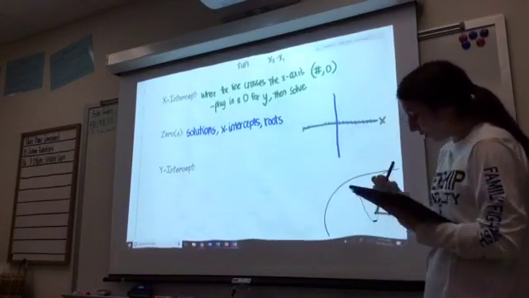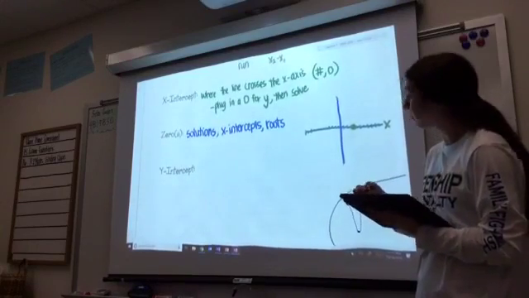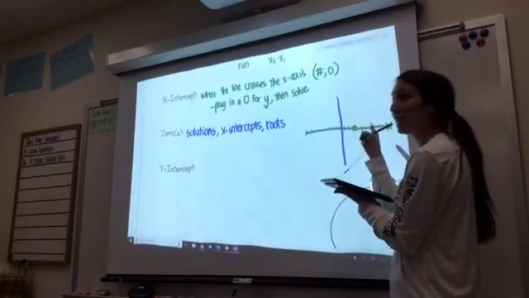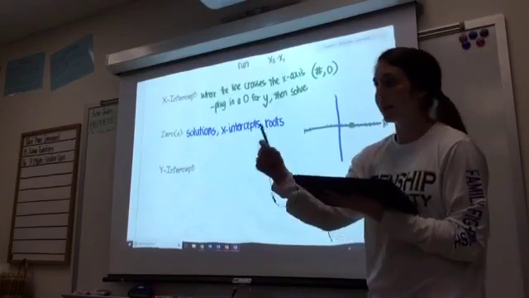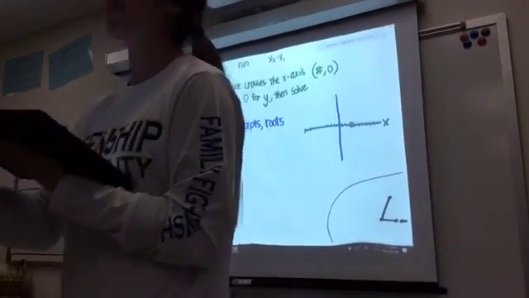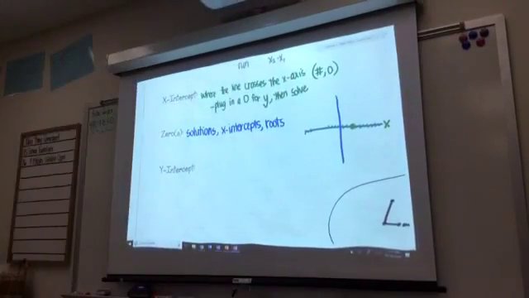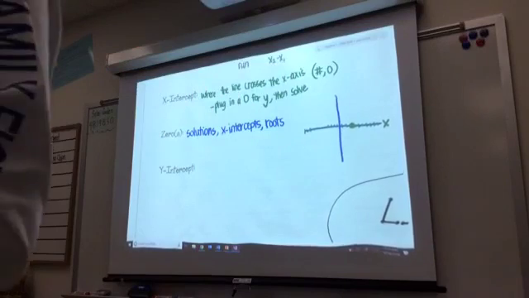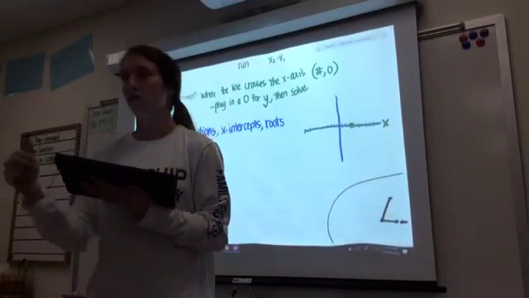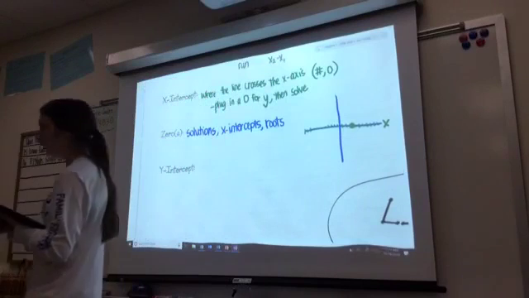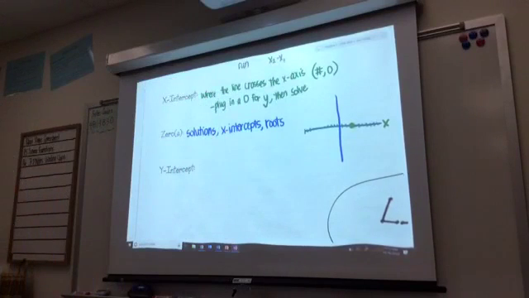X-axis. So another name for an x-intercept is roots, because that's where it takes root on the x-axis. Everybody understand that? I know it's kind of silly, but that kind of makes a more visual image of why it's called roots. Okay? So when it crosses the x-axis, that's called an x-intercept, a solution, a root, or a zero.